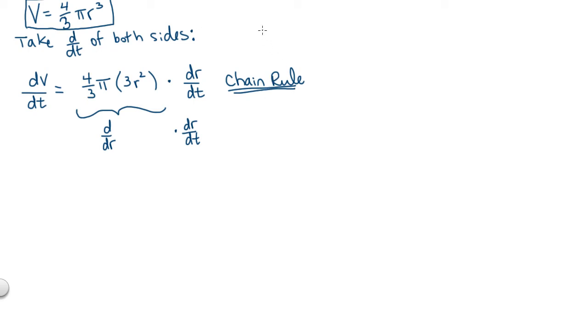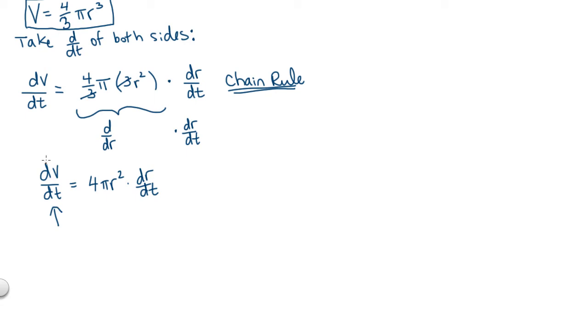So now, just to clean this up a little bit, we've got dV by dt is equal to, well, we can cancel a factor of 3 from the numerator and the denominator there, and we've got 4 pi r squared times dr by dt. Okay, so now we should start to be able to plug in here.